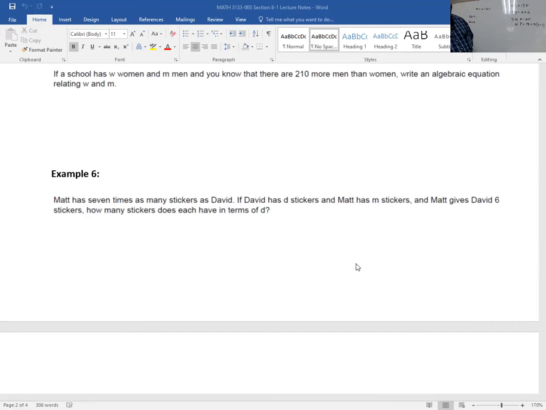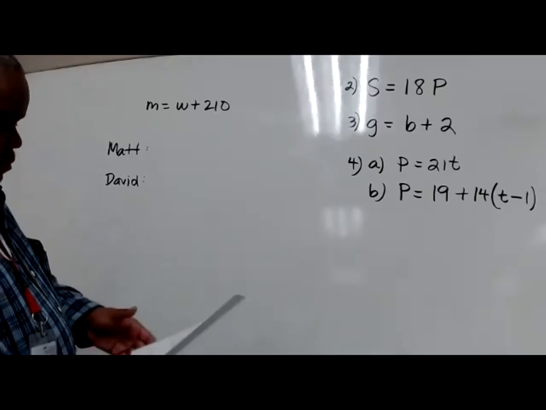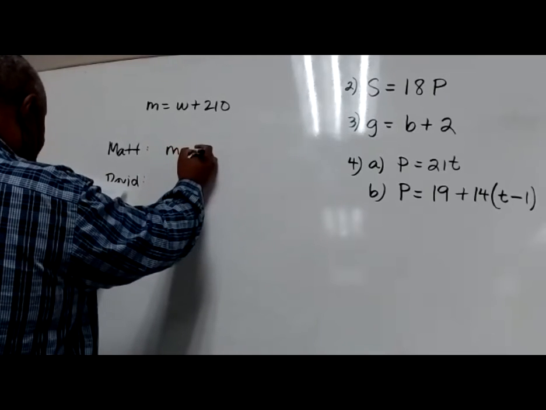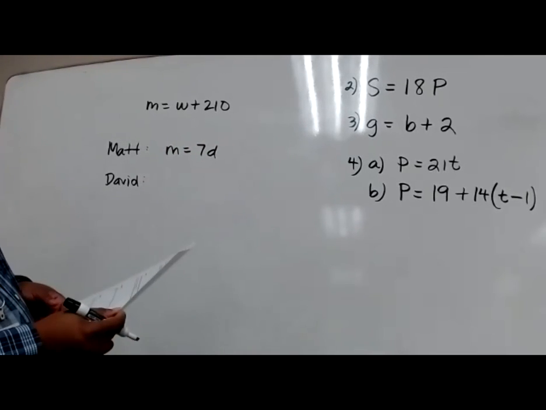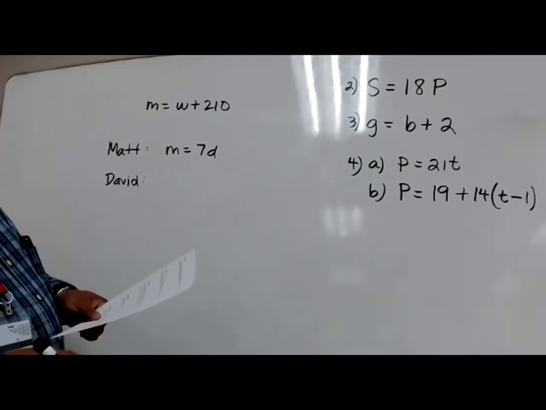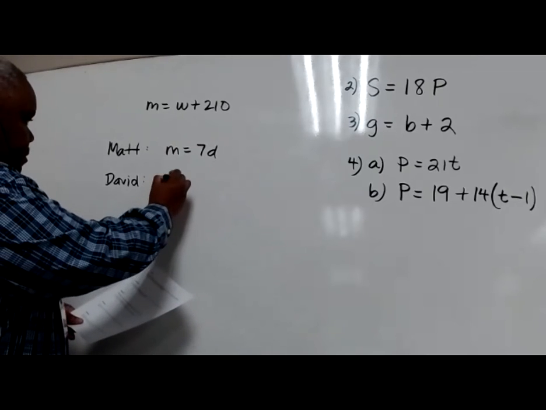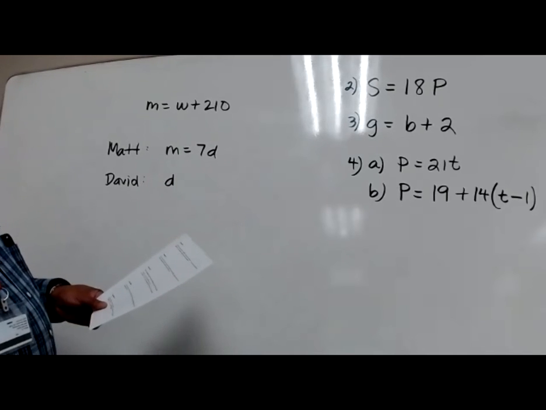Okay, M is for Matt, and it's equal to 7D. So if Matt gives David 6, I would say 7D plus 6 equals M. I don't know if I'm right.